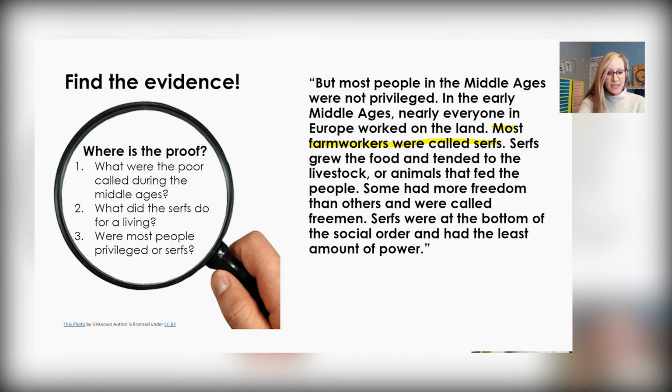Well, you can see in that exact sentence that it uses the word farm workers. So these people were farm workers and worked on the land, growing food and tended to the livestock. And you can see that supported underneath, or the animals too, that fed the people.